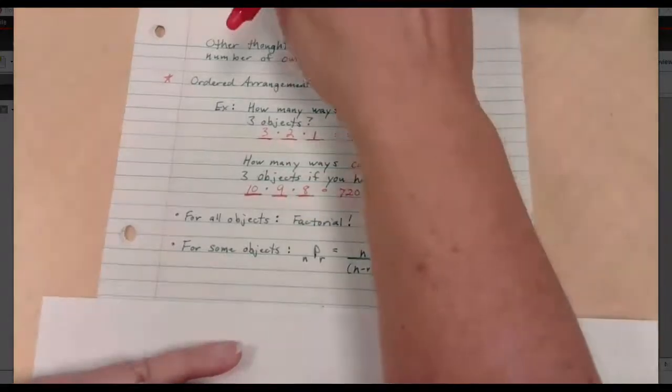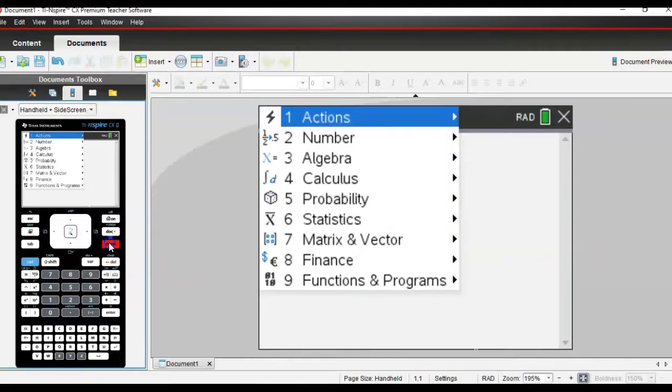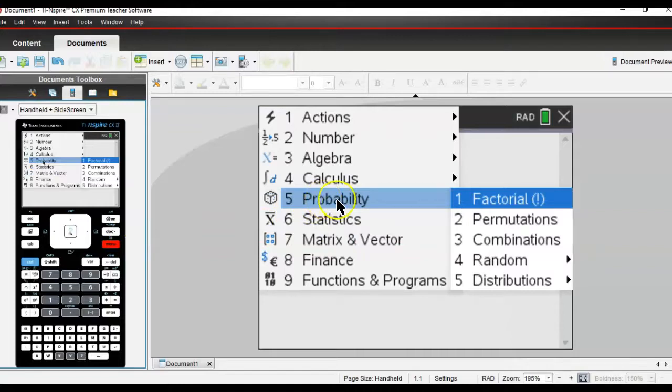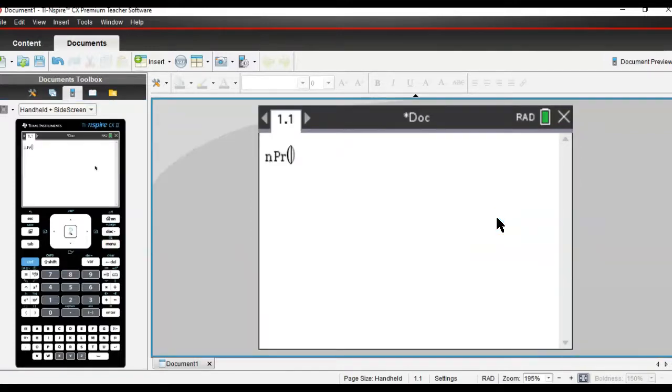Calculator. Let's switch over screens for a second here, shall we? Ladies and gentlemen, where is everything fun and exciting? Yup, in the menu, where we have a probability menu. There's factorial. That's exciting. You can tell by the exclamation point. And, ooh, permutations. That's the nPr thing that we just talked about. If you're going to use the calculator for this, you have to tell it what n and r are going to be. And so you have to fill in what are called the arguments.